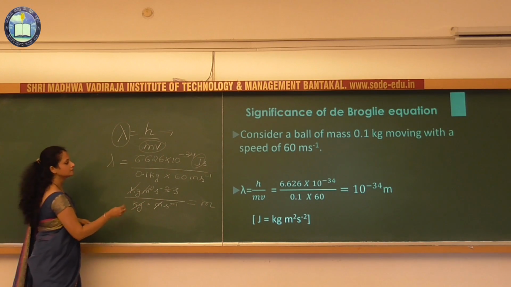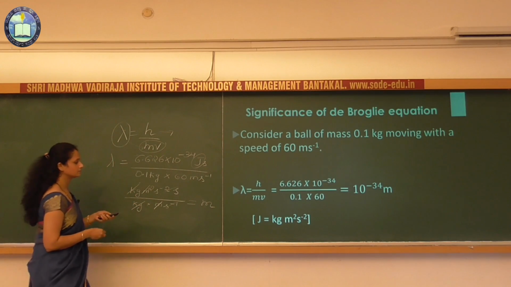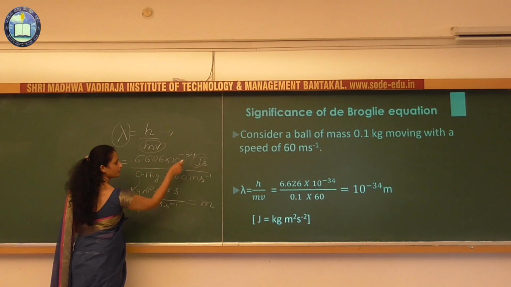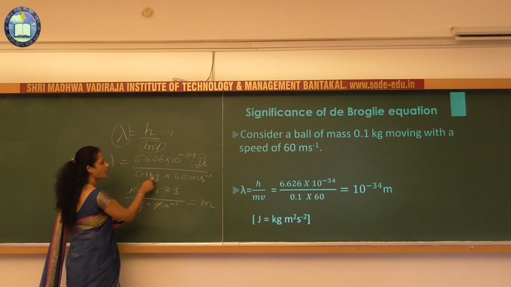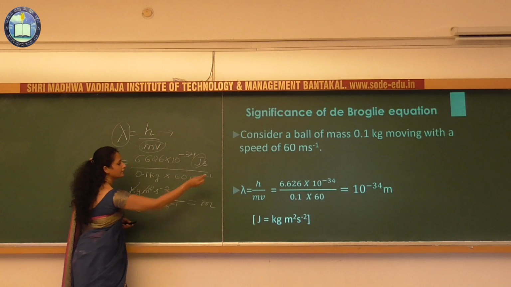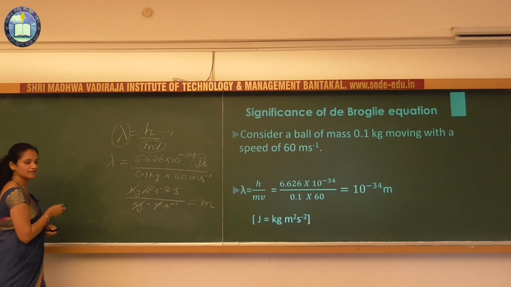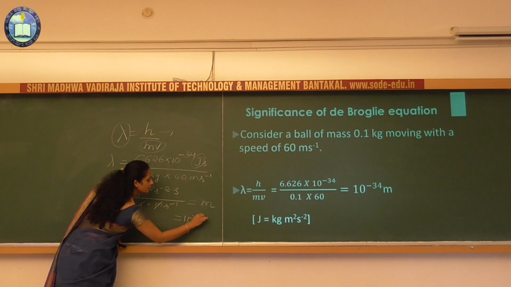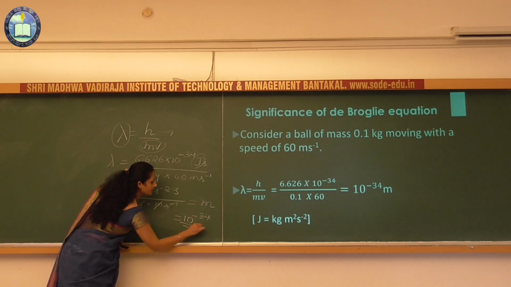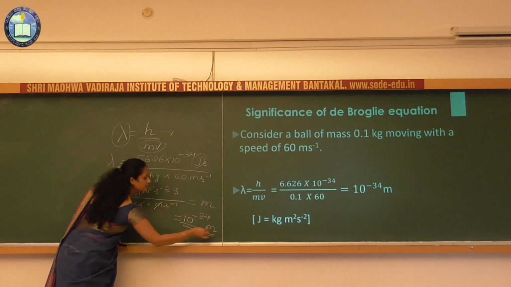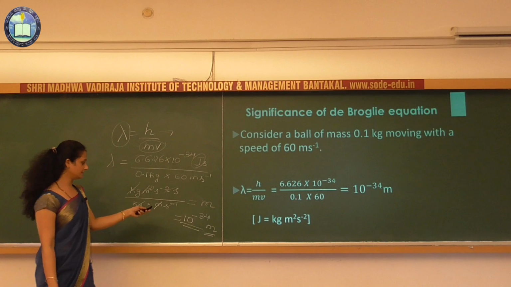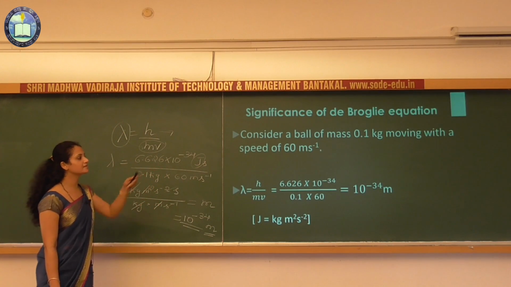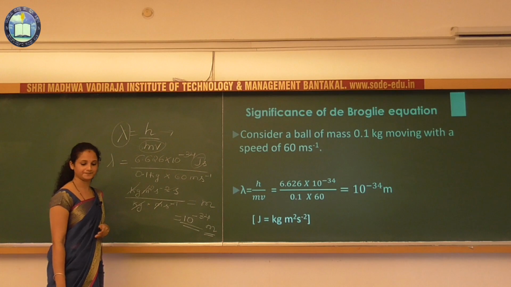Now if we simplify 6.626 into 10 to the power minus 34 divided by 0.1 into 60, we get the answer as approximately 10 to the power minus 34 meter. So this is the wavelength of a macroscopic object with mass 0.1 kg.